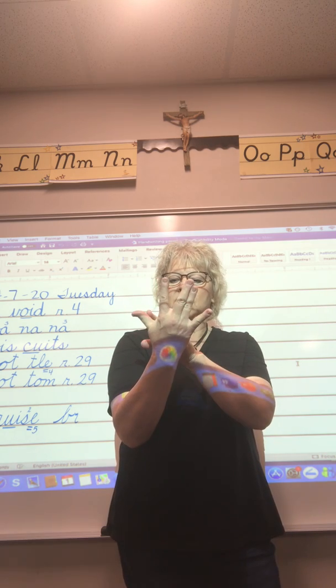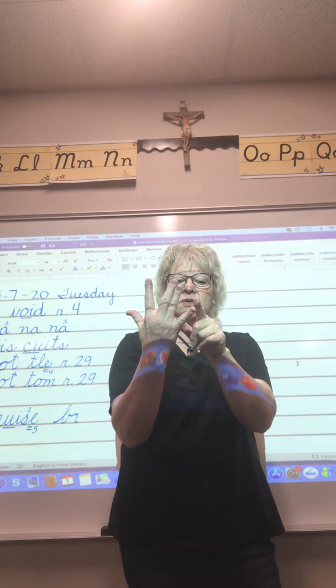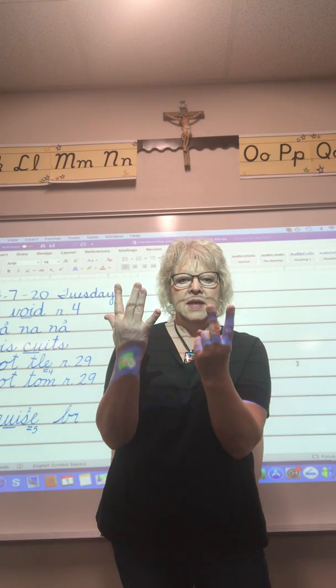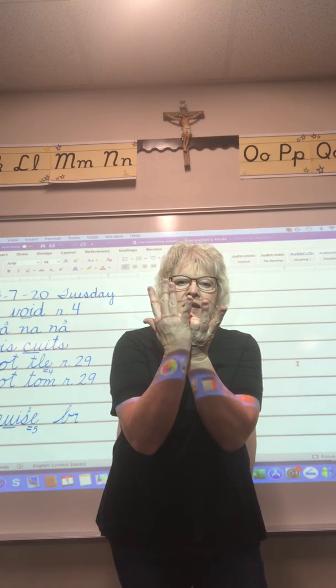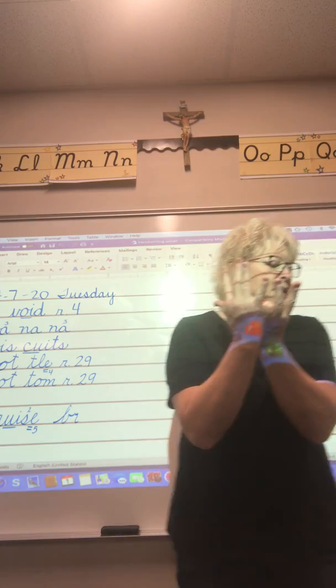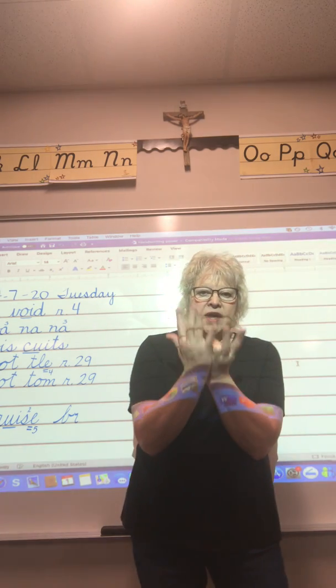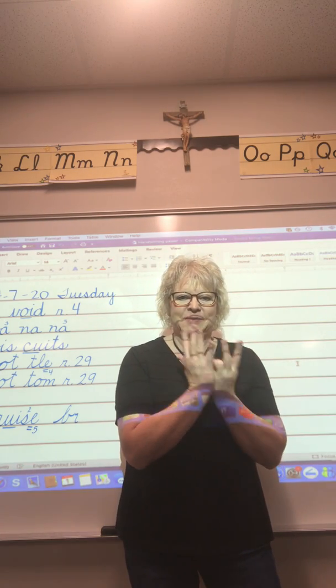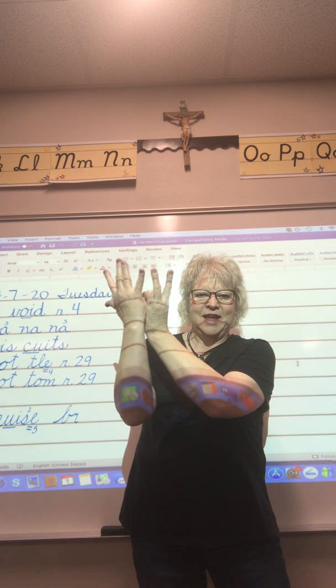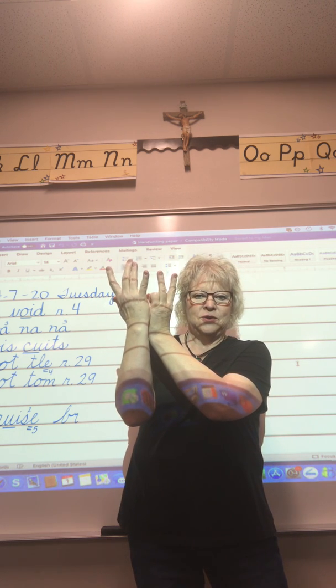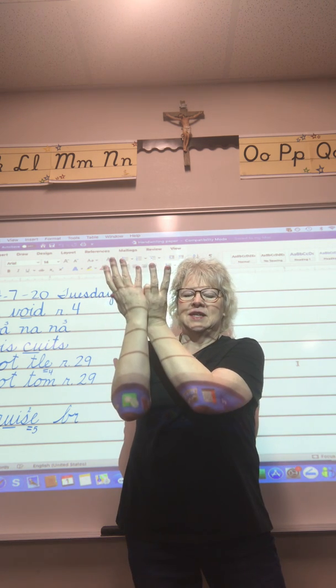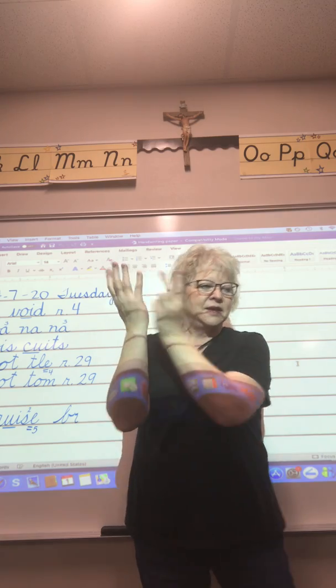See if I can get my fingers right. B-R-U-Z, and then E-D, ed, bruised. So it's still one syllable. I don't know if you can see it with my fingers. Does that help there? B-R-U-Z, ed.